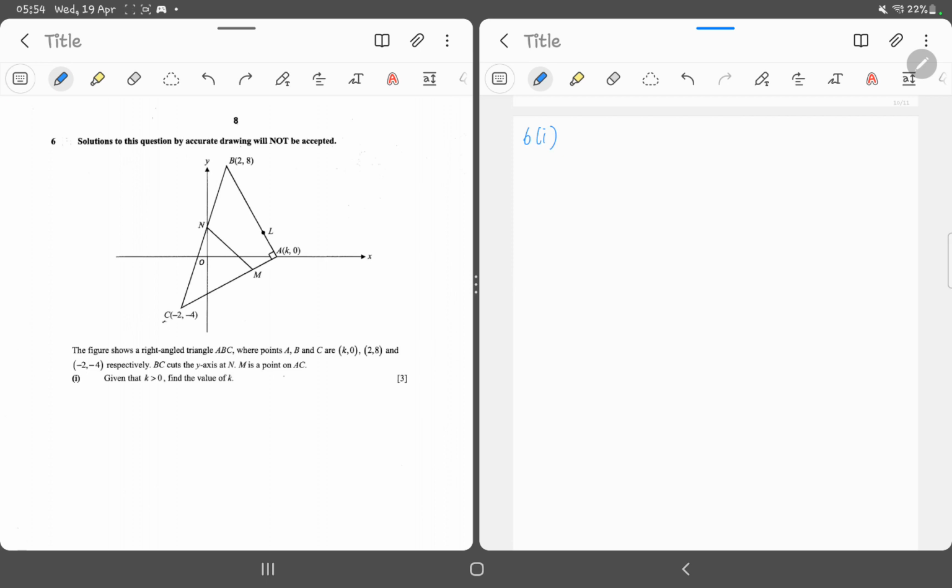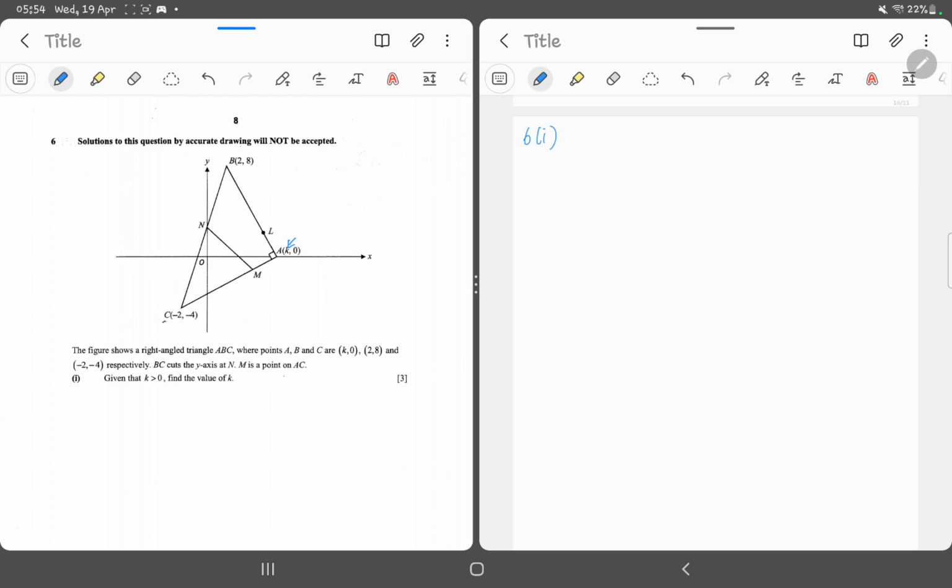It is a right angle triangle ABC, where the points A, B, and C are given as the points over here respectively. BC cuts the y-axis at N, and M is a point on AC. Given that k is positive, find the value of k.